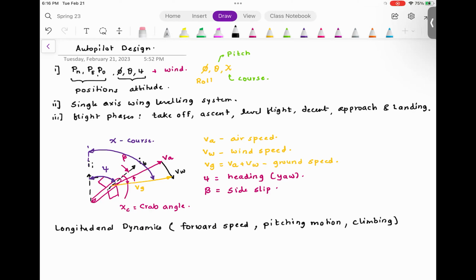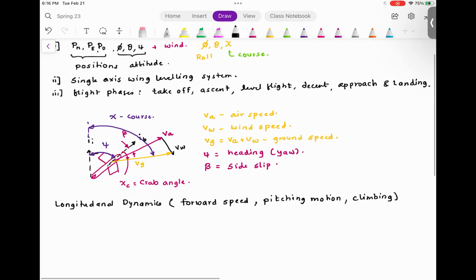And why is this important? Because when you look at the transfer function, it would include the terms related to forward speed, pitching motion, and change in the altitude. Now, lateral dynamics is rolling and yawing.